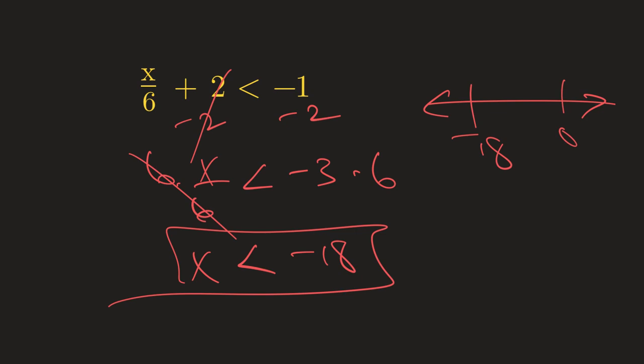Open or closed? Open. Direction. Values less than negative 18 would be back to the left. There it is. There's your graph. Open circle around negative 18, back to the left. We now have a graphical representation of our solutions.